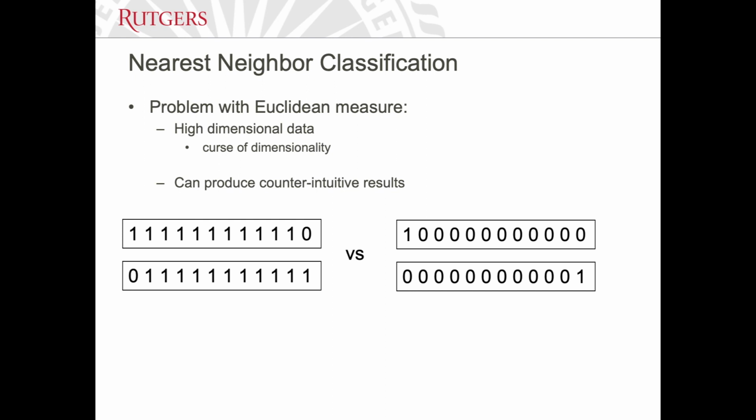For instance, in the example shown here, the distance between the left side points and the right side points is the same. Both of them are 1.4142, which suggests the two sets of data points are similar. However, as you can see, they are completely different. One solution to this problem is normalization, bringing the data points to the same unit length.